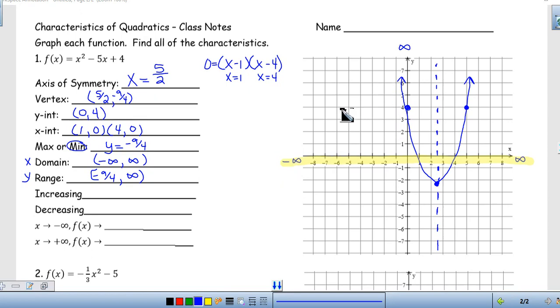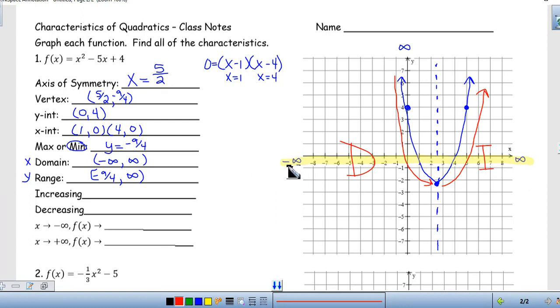So when I explain this in class, usually I will tell students to take their finger and start on the left side of the graph and literally trace down the graph or up the graph to see what is happening. If they see that they are going down, they are decreasing. So I'm starting here on the left, I'm going down, down, down till I get to here, and then it changes. And on this side, I'm going up. So this side is increasing.